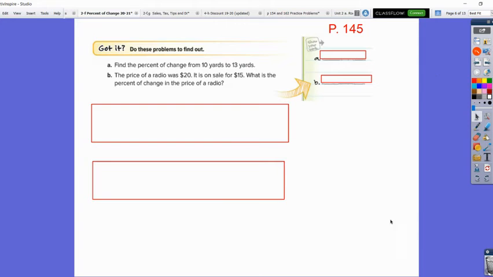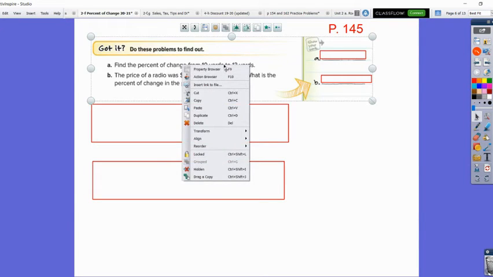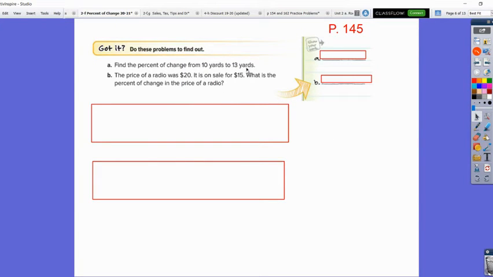All right, here's a couple of got it problems. Find the percent of change from 10 yards to 13 yards. We start by finding the amount of change, and was it an increase or a decrease? It went from 10 to 13.